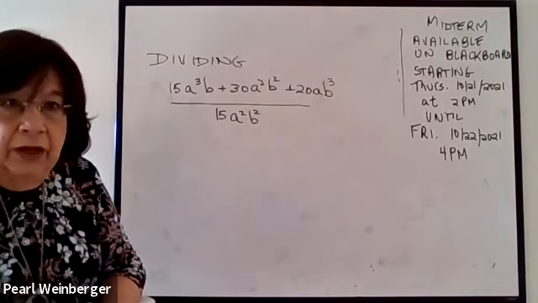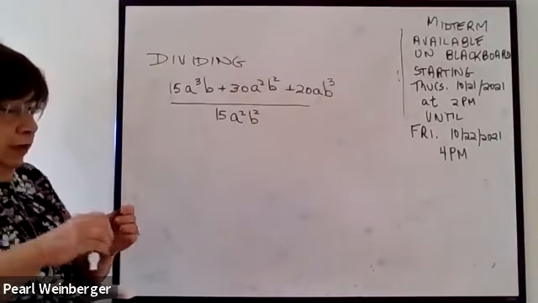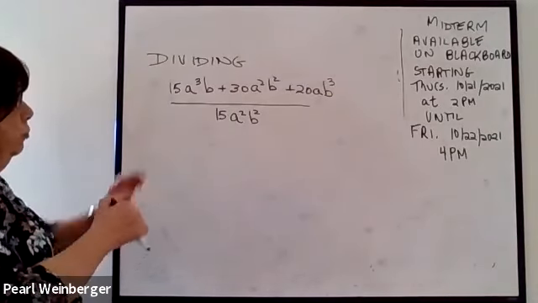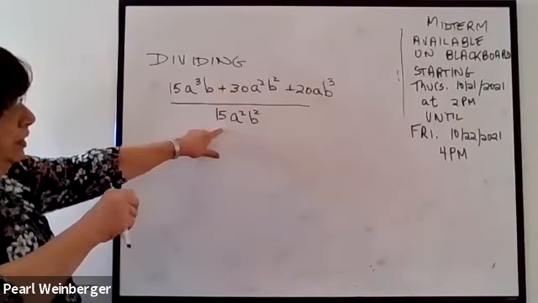Okay, I think everybody had enough time trying this. Let's see if we can do it together. Again, as we did before, we're going to take each one of these terms and put it over the denominator.